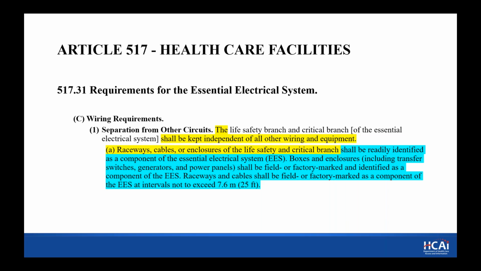Probably something that needs to be included in specs and talked about early in the field of how this is going to be accomplished. It goes on to say boxes and enclosures, including switches, generators, power panels, shall be field or factory marked and identified as a component of the emergency electrical system. Raceways and cables shall be marked at intervals not to exceed 25 feet.